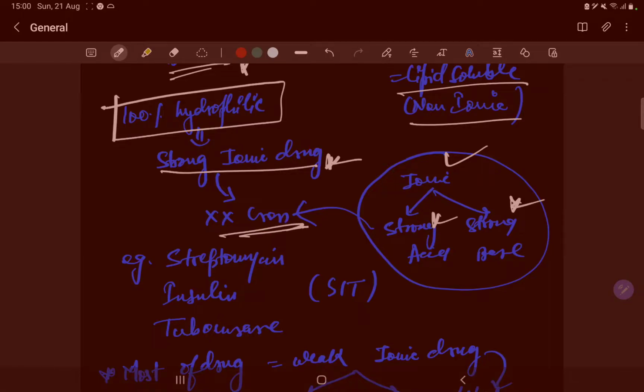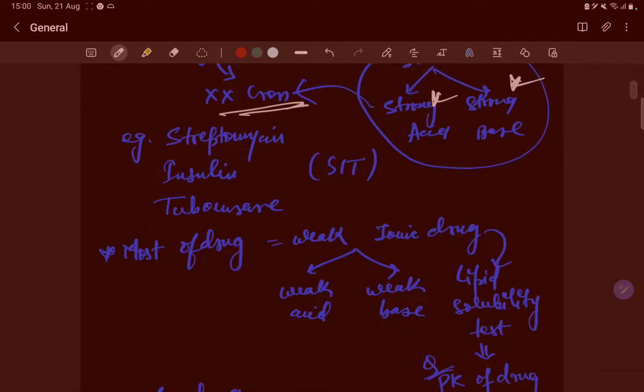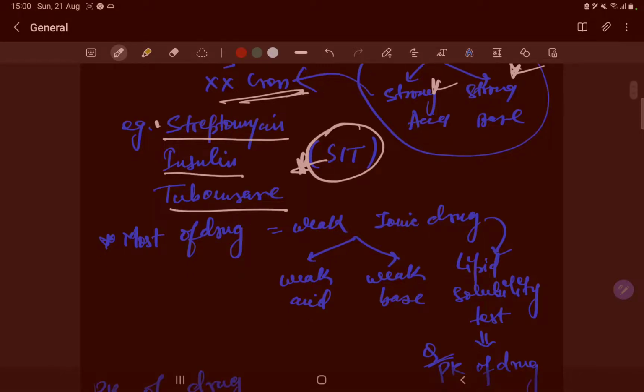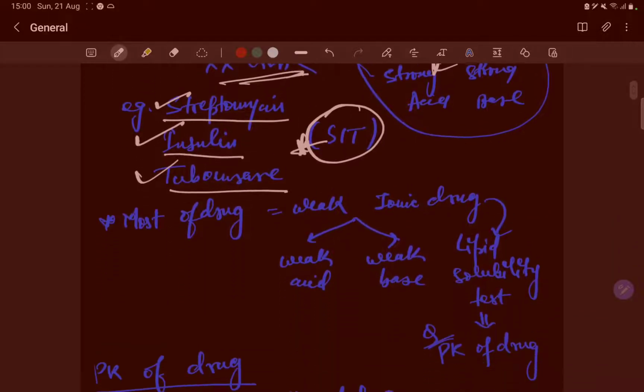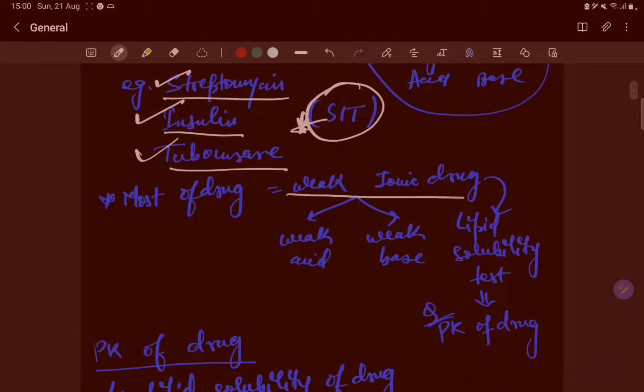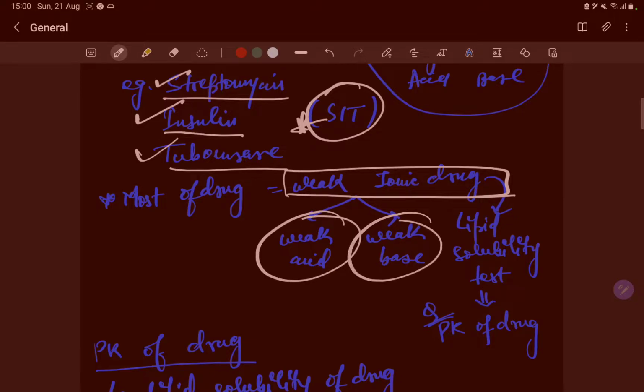Examples are insulin, tubercular and streptomycin. These are the SID drugs: streptomycin, insulin and tubercular. These are the drugs which are 100% hydrophilic. Now most drugs are weak ionic drugs, which are weak acids or weak bases.